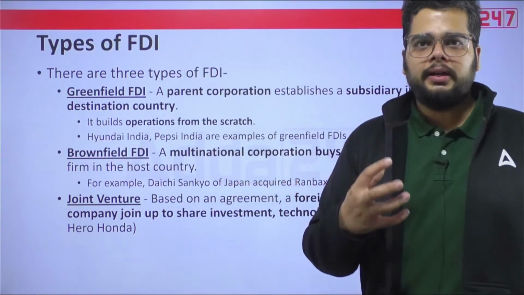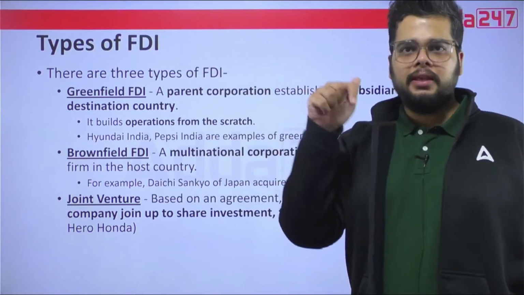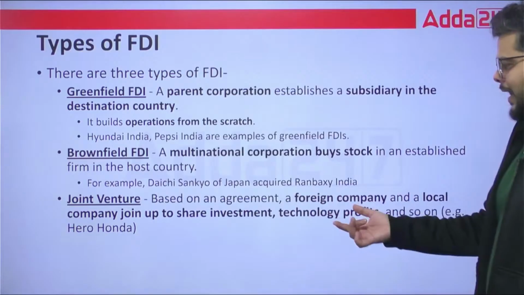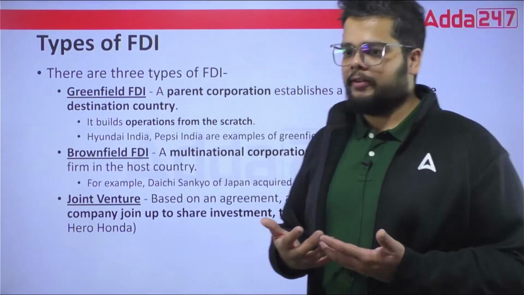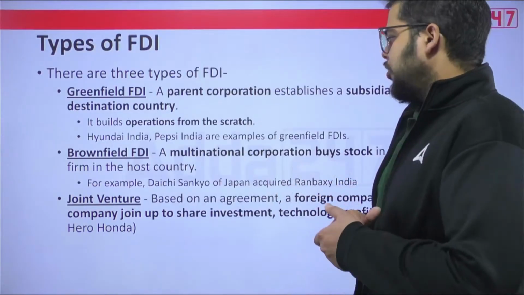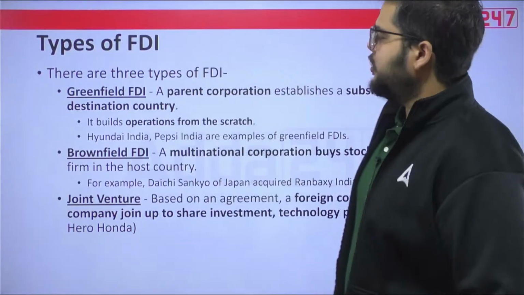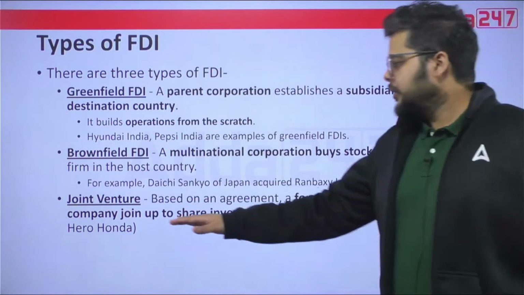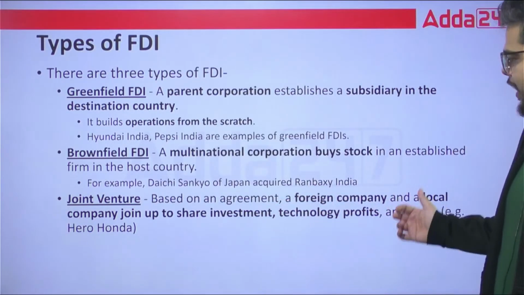Certain stocks have been bought by the investor, by the MNC, in the host country itself. An example is Daiichi Sankyo of Japan, which has acquired certain stocks of Ranbaxy India, a premium firm when we talk about the pharma sector. Then we have joint venture. Based on an agreement, a foreign company and a local company join up to share the investment, technology, profits and so on.